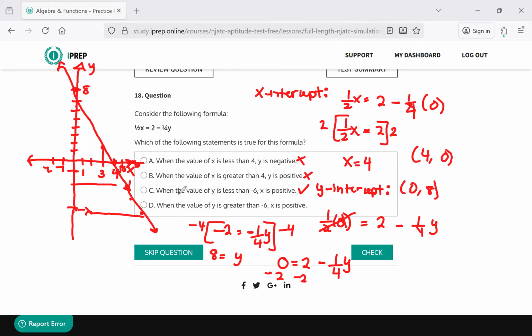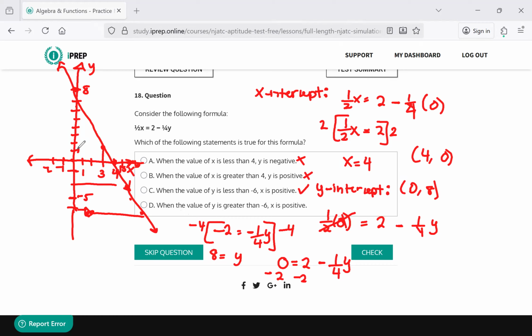Last one? When the value of y is greater than -6, so that could be -5, right? The x is positive. No, because, okay, they're saying when the value of y is greater than -6, that includes 0, 1, 2.